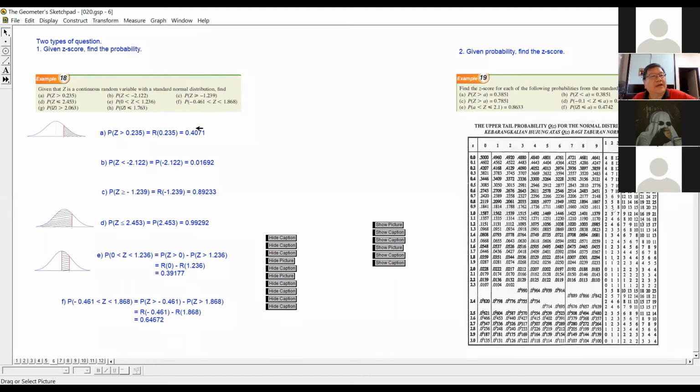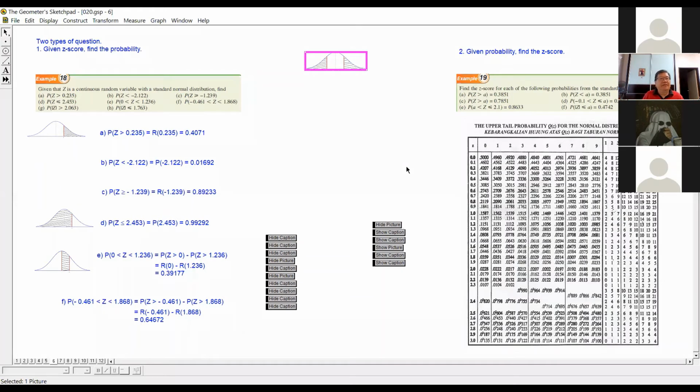Okay, next one. This one G. Can you use your knowledge of area 1 minus the area to find this G? Try and see.